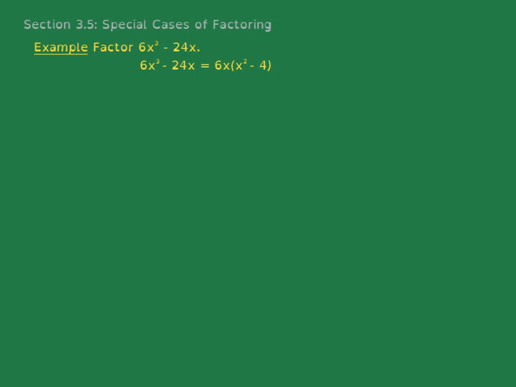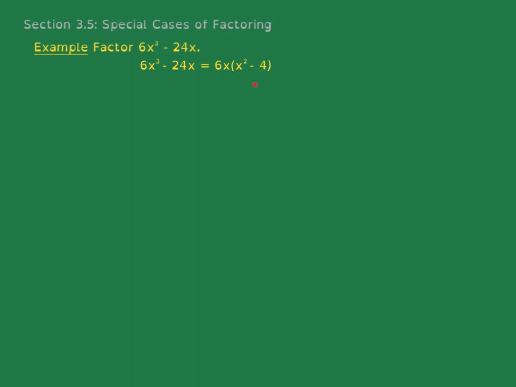Hopefully you remembered or looked back in your notes to see the very first thing you should always check with factoring is if there's a GCF that you can factor out. In this case, there is. Both terms, the 6x cubed and the 24x, can factor out a 6x. So if we take out the 6x, we are then left with x squared minus 4.